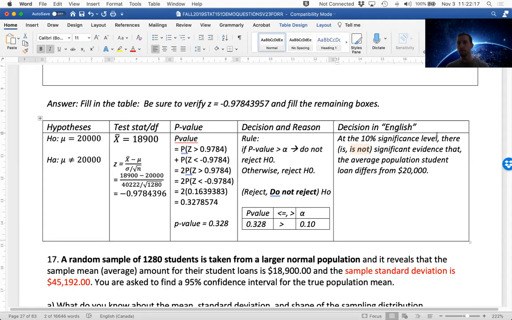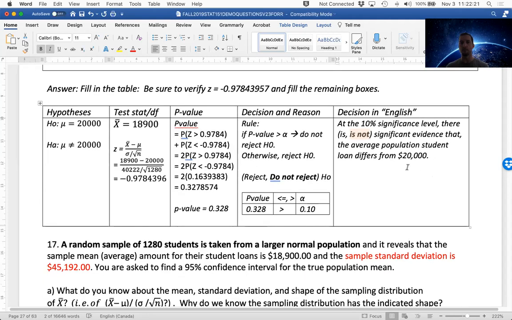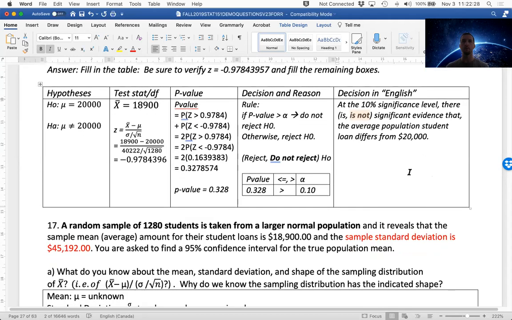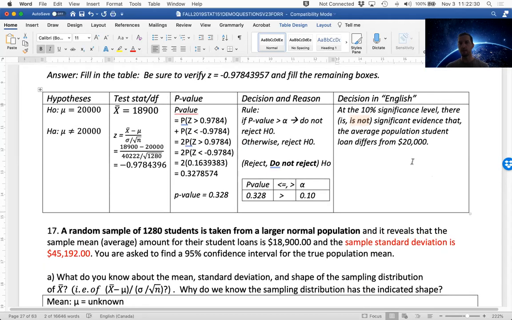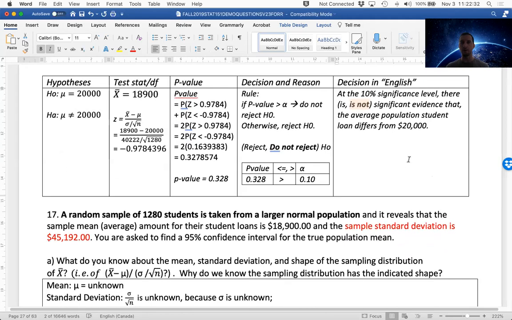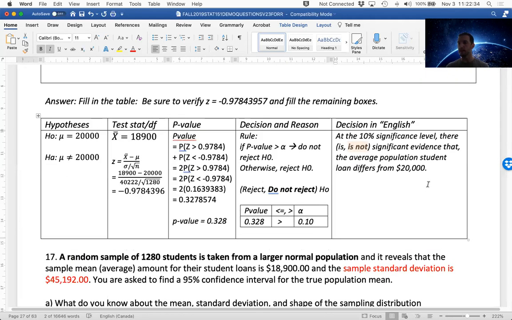So here what we are saying is that there is no evidence that the average population differs from $20,000, which is what we were testing the null against. Okay, so this illustration is of how to take the p-value approach to complete a hypothesis test. So step 4 here, we use the p-value rather than a critical value to work through the components of the test.